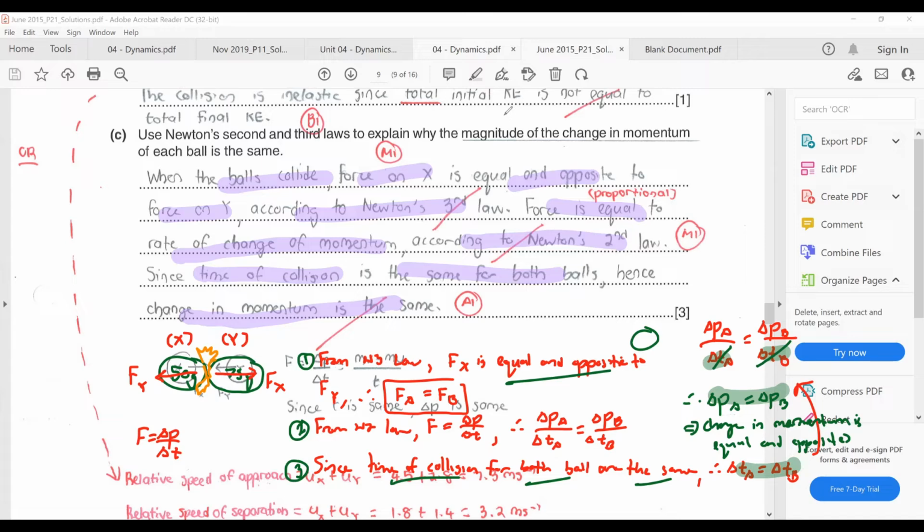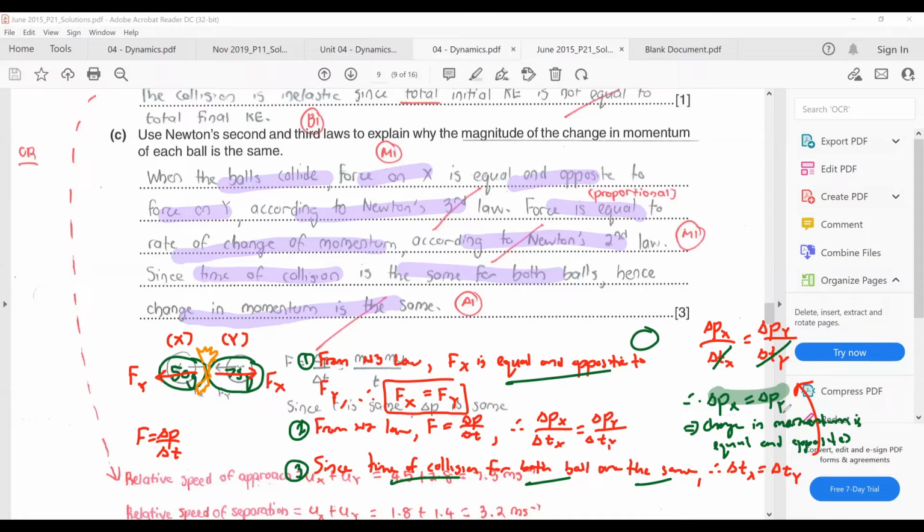Fx is equal and opposite to Fy. Okay, this is X, this is X, this is Y. And then this one, Tx, Ty. Okay, so just change accordingly, then you should be fine.